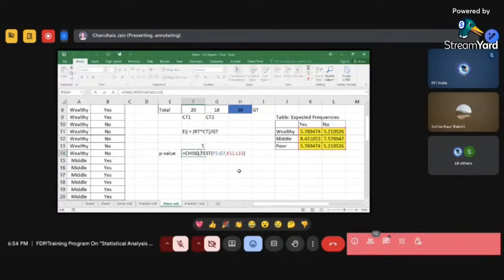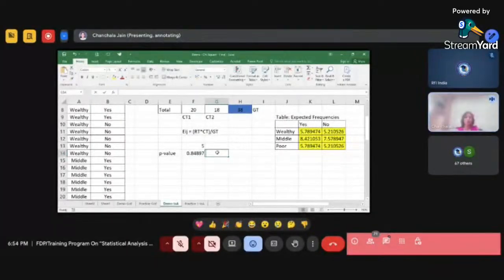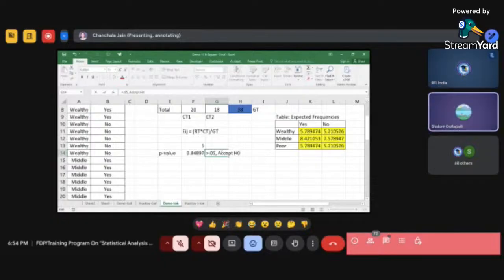Now I can compare this with my level of significance, which is 0.05. I can say it is greater than 0.05. That means I need to accept the null hypothesis.